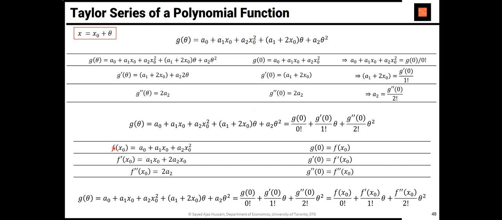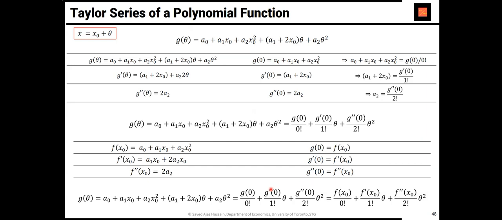So evaluating f at x0 is the same as evaluating g at 0, which of course gives you f at x0. When you do the first derivative at x0, that's evaluating the g function's first derivative at 0. So you can see these two things must be equal. By the same token, these two things must be equal.